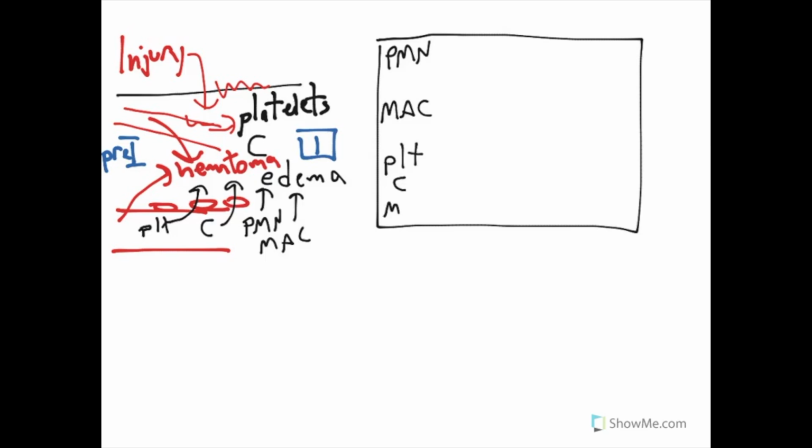There are a couple other players involved here: mast cells, which are locally present in the tissue, get stimulated from that injury right there. They're just hanging out, and then they release all their molecules, things like histamine. So I'll start writing this stuff in. Histamine. We have our kinins, bradykinin being a major one.